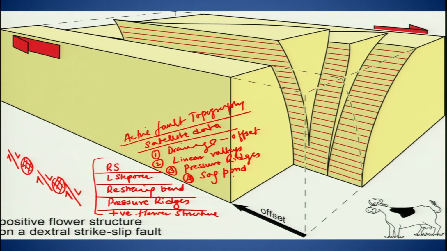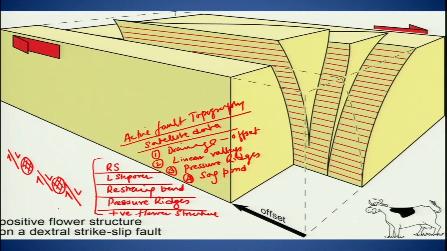Okay. So while interpreting satellite data and identifying active fault topography, you will have to keep in mind the step overs which you see, and as a simple way of reconstruction and justifying whether the landform you have identified is a pressure ridge or a sag pond, you will have to look for the signatures of the step over.